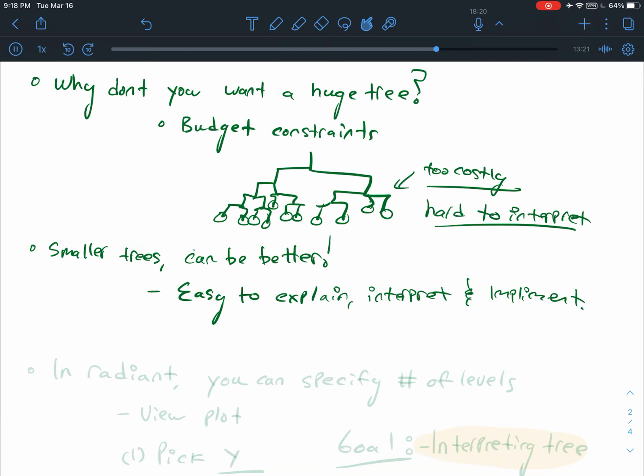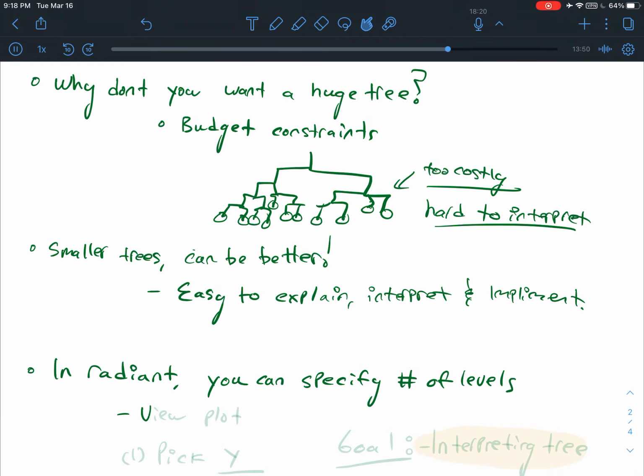So that's awesome. And the only other thing I'm going to mention here is that in Radiant, you can specify the number of levels, right? So you can get a tree that looks about the right shape and length that you can explain.